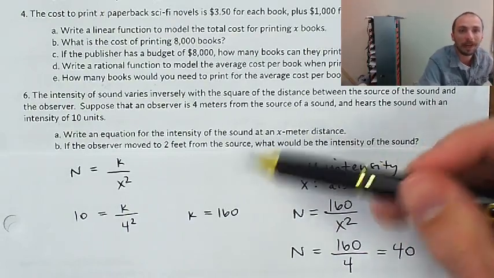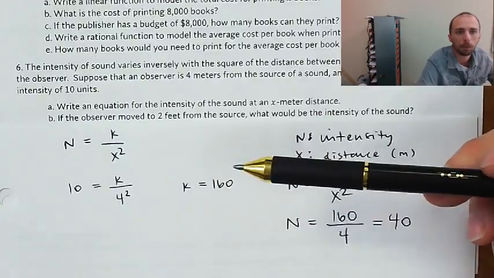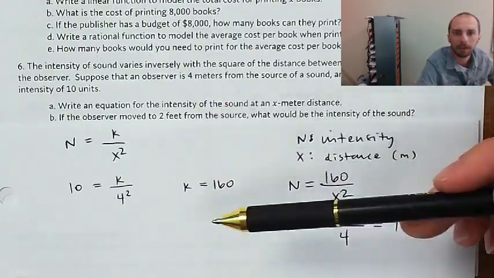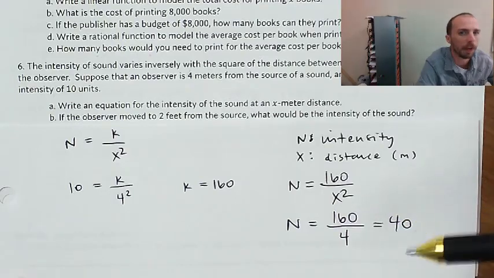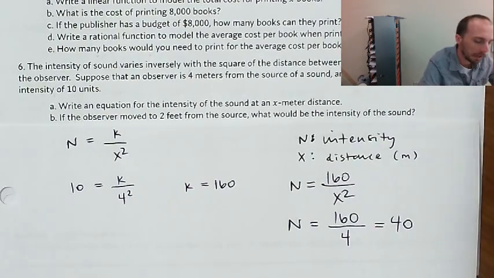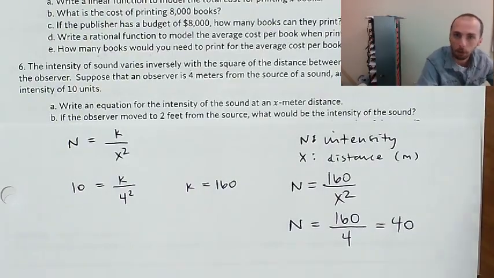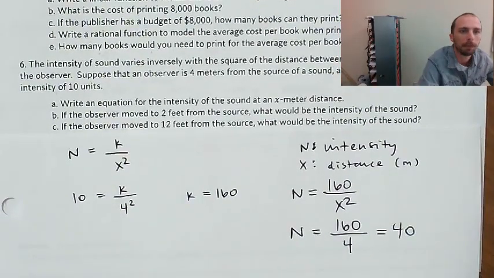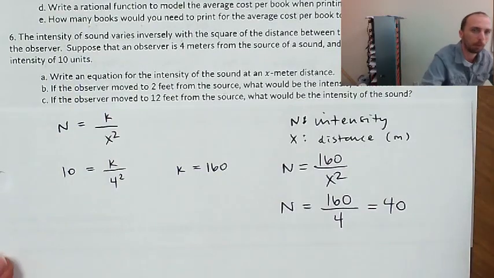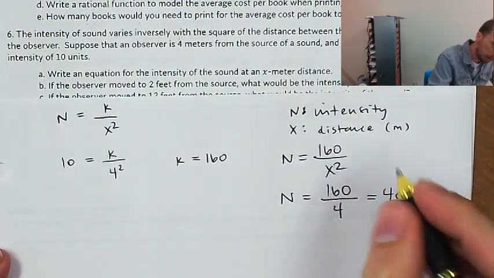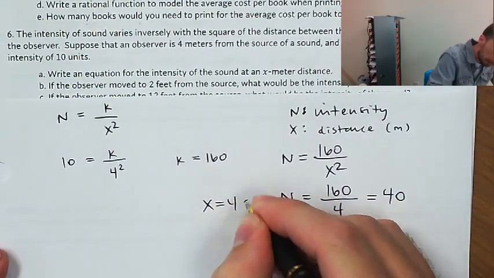Okay? So when we went to half the distance, the sound was 4 times as much, and that's the inverse square thing. If we were to go to a third of the distance, the sound would be 9 times as loud. And if the observer moved to 12 feet from the source, what would be the intensity of the sound?